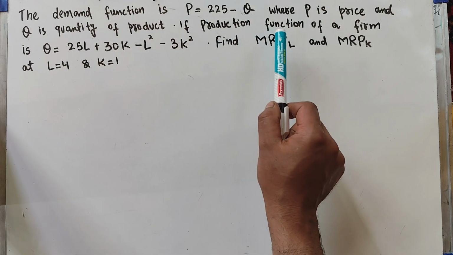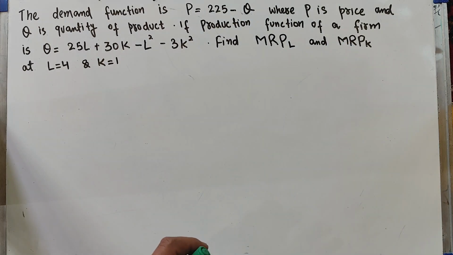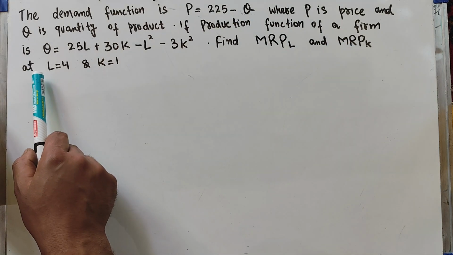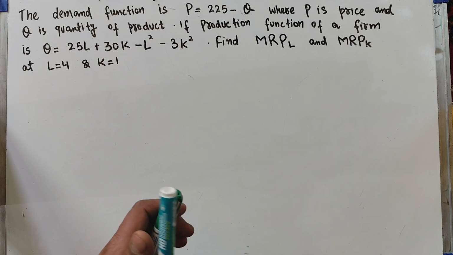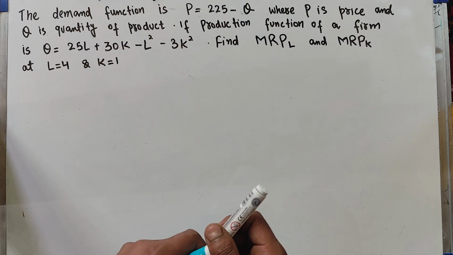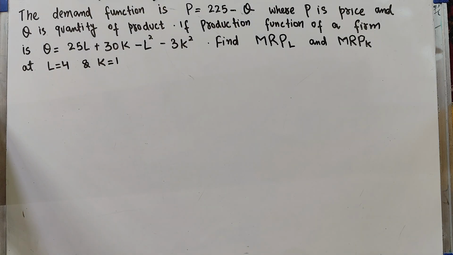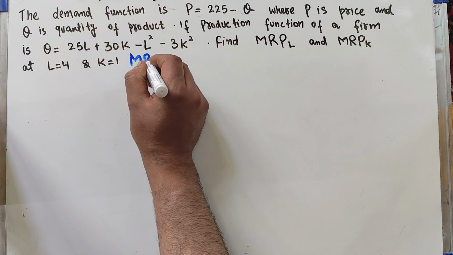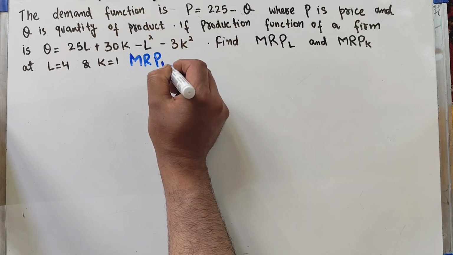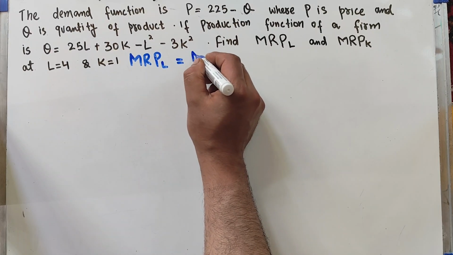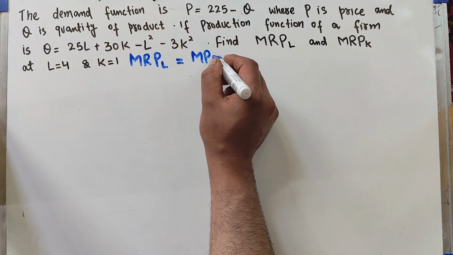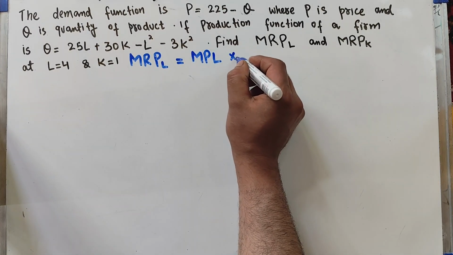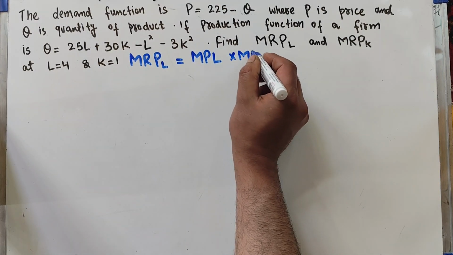We have to find out the marginal revenue product of labor and capital when the units of labor employed is 4 and the units of capital employed is 1. Okay. So first we should know what exactly is the marginal revenue product of labor, and let me write it here. Marginal revenue product of labor is equal to the marginal product of labor times the marginal revenue.